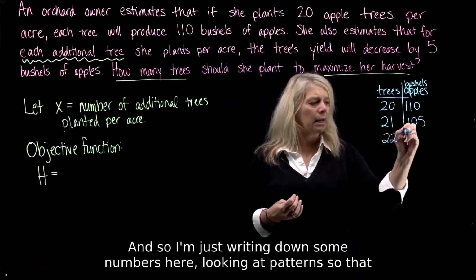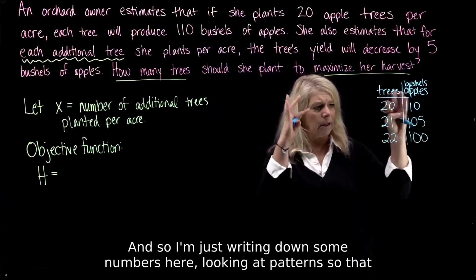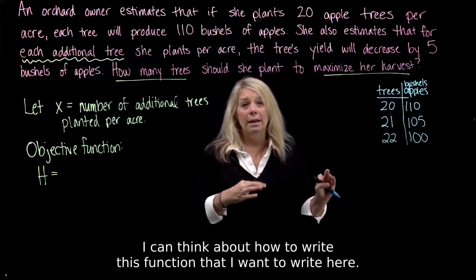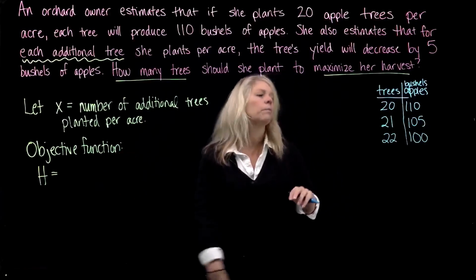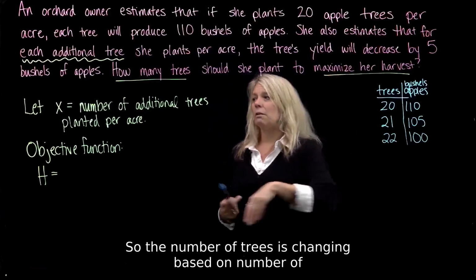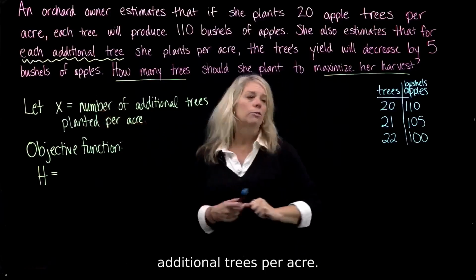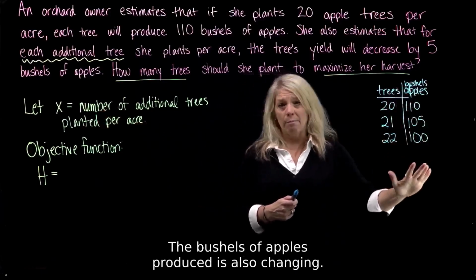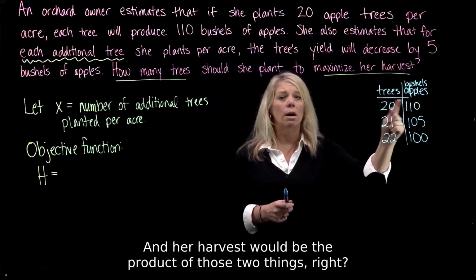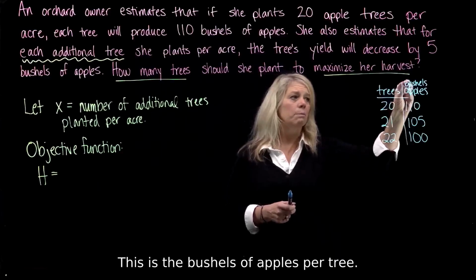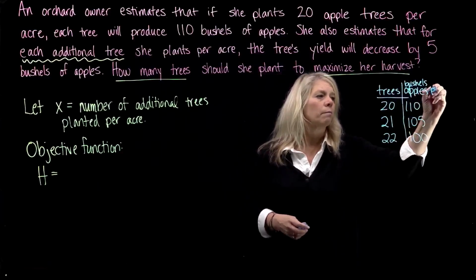And so I'm just writing down some numbers here, looking at patterns, so that I can think about how to write this function that I want to write here. So the number of trees is changing based on number of additional trees per acre. The bushels of apples produced is also changing, and her harvest would be the product of those two things, right? This is the bushels of apples per tree.